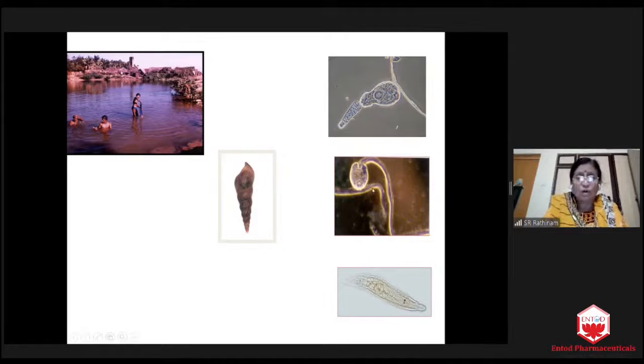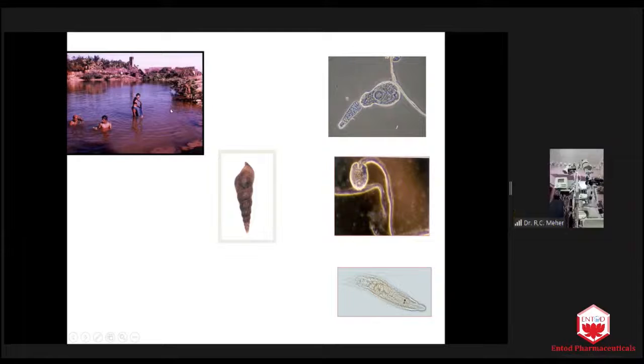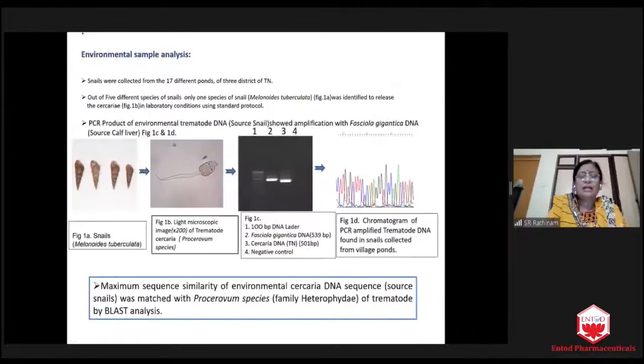This is supposed to affect the bird's eye, but unfortunately these children take a bath without any protection in the contaminated water, and they get the granuloma. And this granuloma can cause blindness in South Indian children.